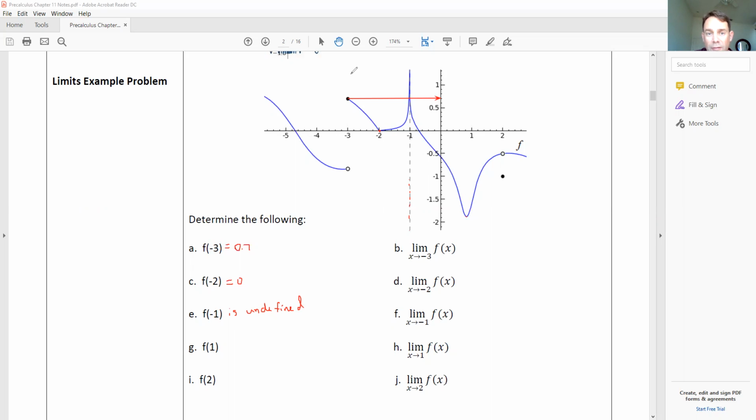So what is that value? Looks like it is about -1.9. So we'll throw that on here. And 2, remember, it's always a solid dot. It's not where the graph goes, it's where the solid dot is. So here's my solid dot, and the solid dot is at -1.